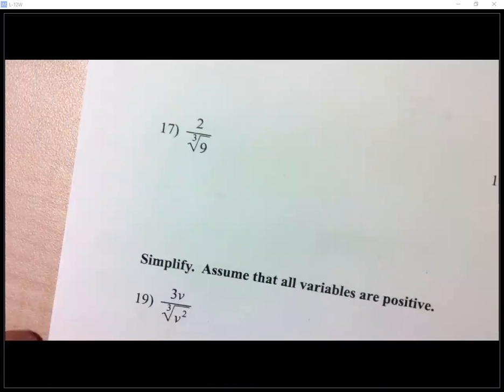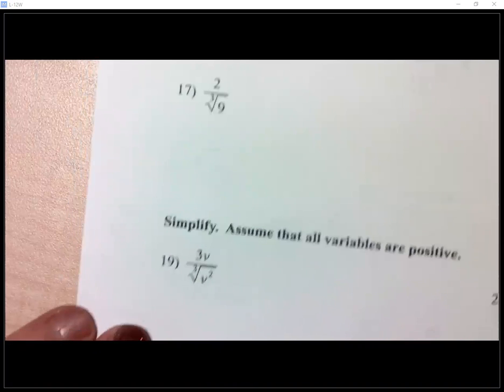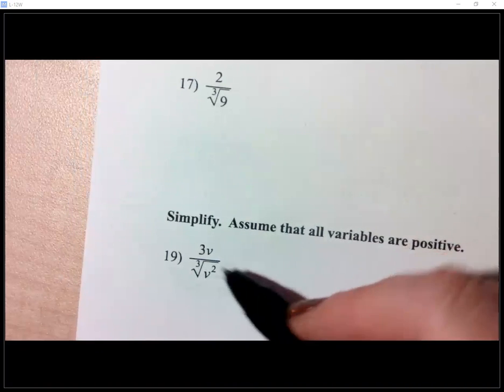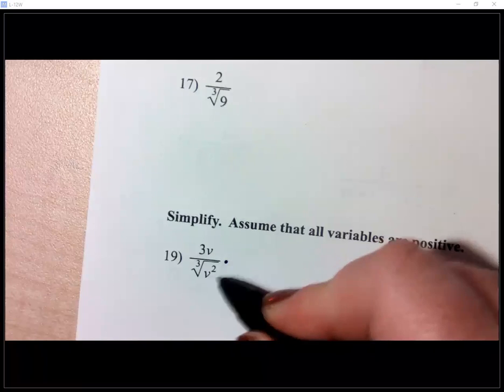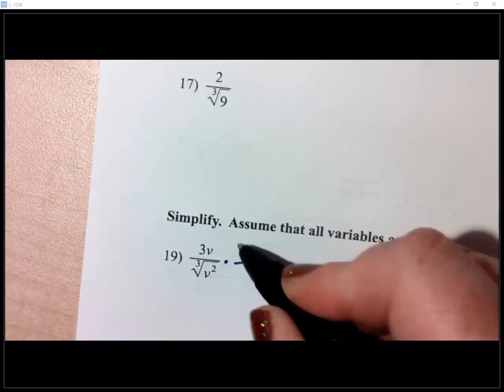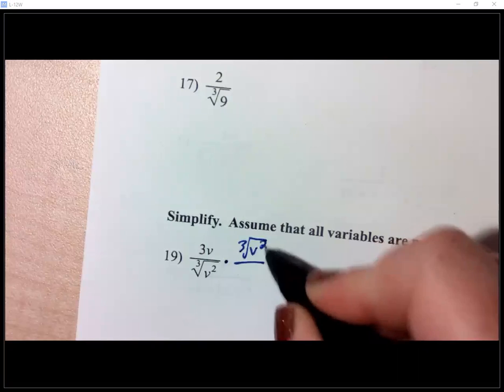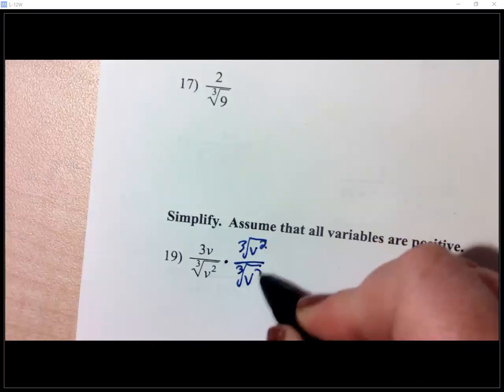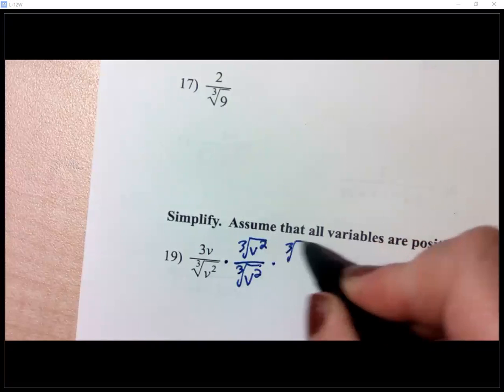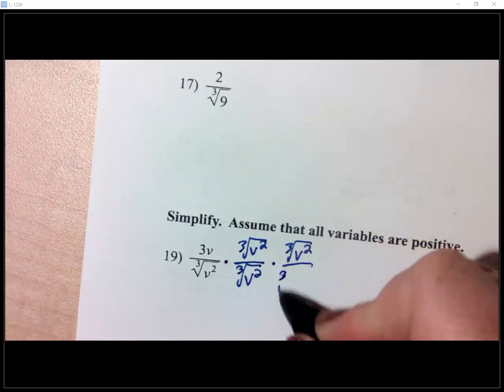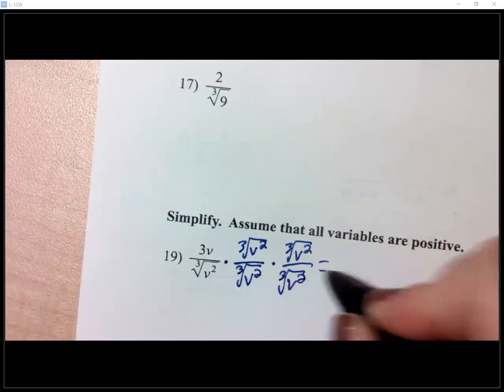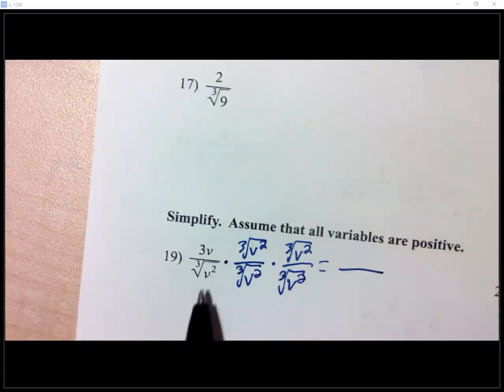So on 19, for example, if I want to undo that, I have to do cube root of v squared, cube root of v squared, and then one more time. I always just start with the denominator. I have a cube root and I've cubed it. So those things cancel out.